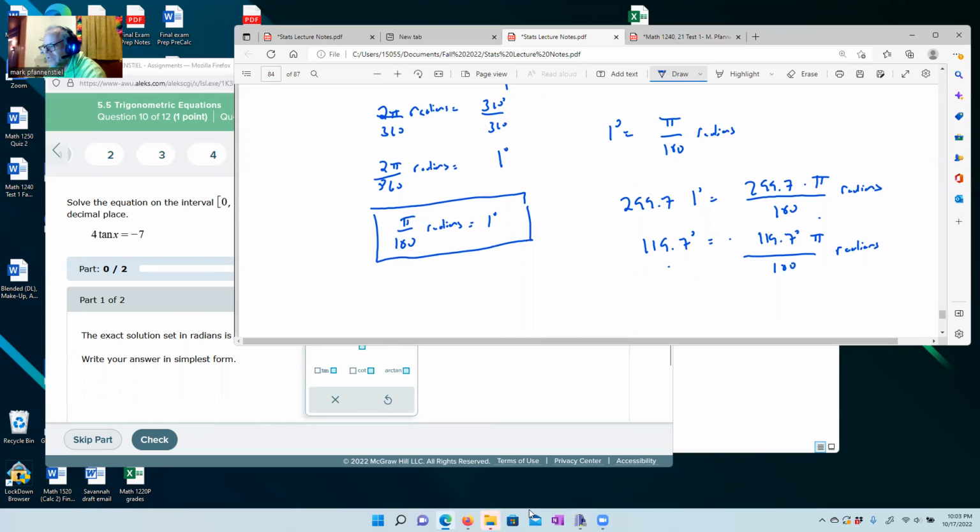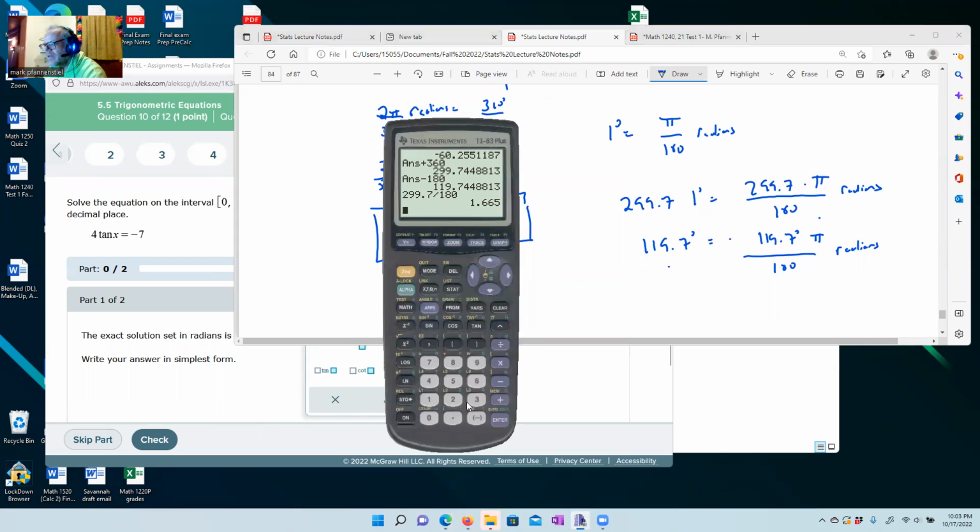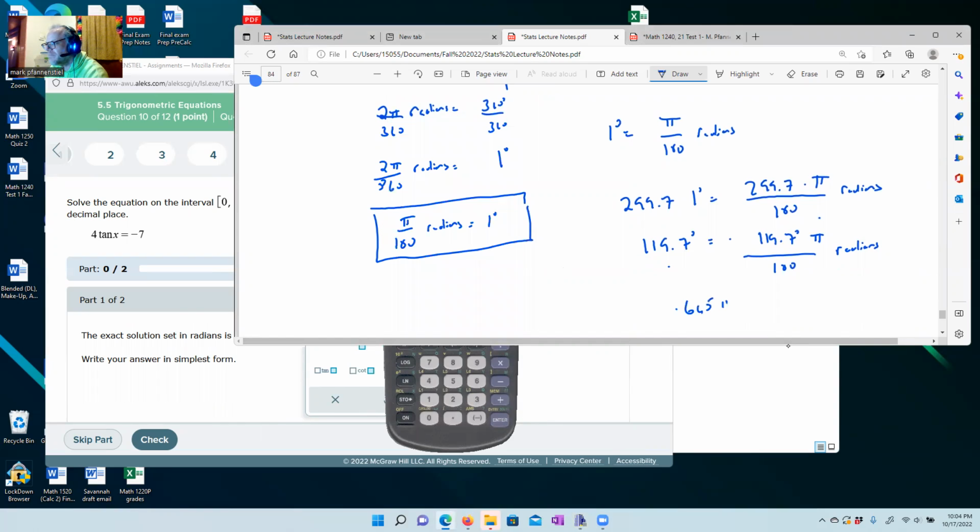Oops, let's get our calculators out. So we have 119.7 divided by 180, and that gives .665 pi.